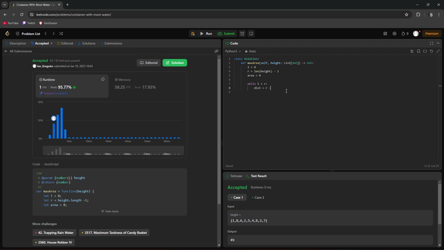So dist is R minus L. And then our area is going to be the max of area and the dist times the min of height L, comma, height R.